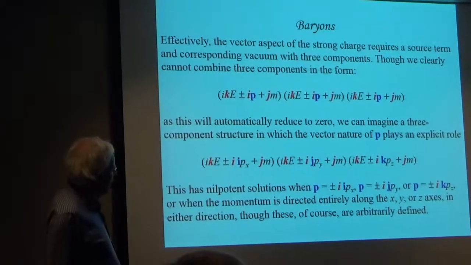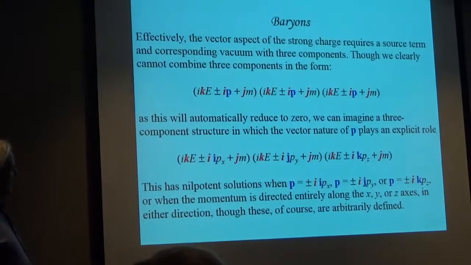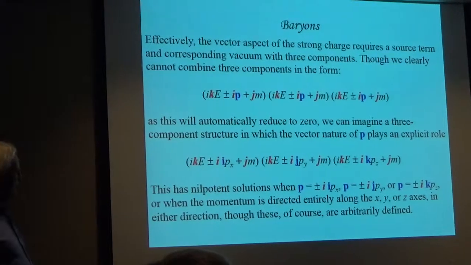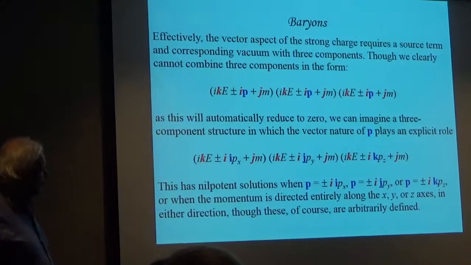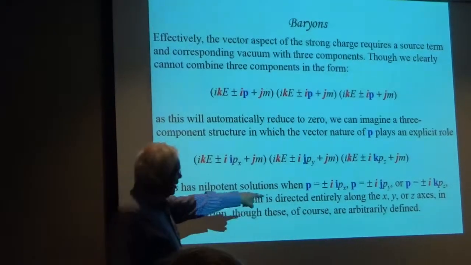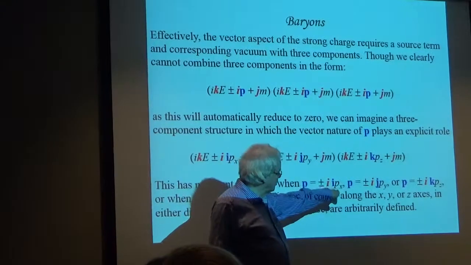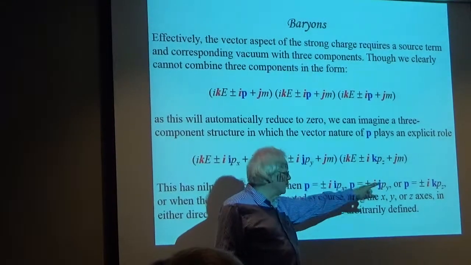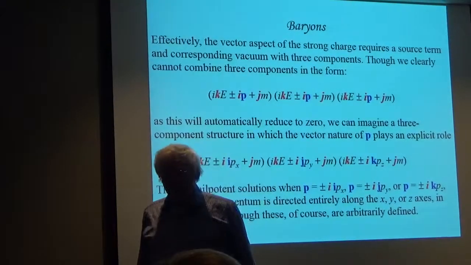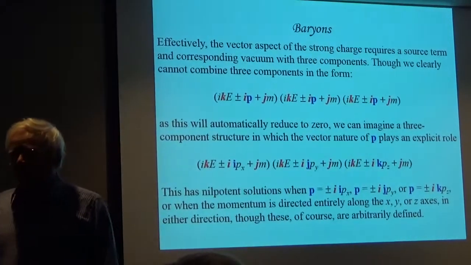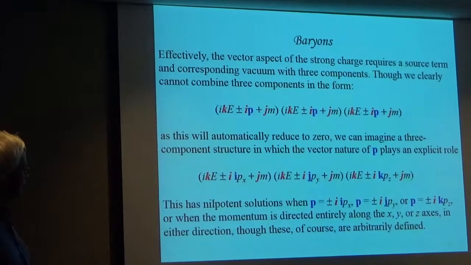And what I'm saying is that if we look at that and work out the mathematics, which isn't very difficult, we find it has nilpotent solutions when P is either plus or minus IPX, plus or minus JPY, and so on. There are 6 possible solutions that give you a nilpotent solution.